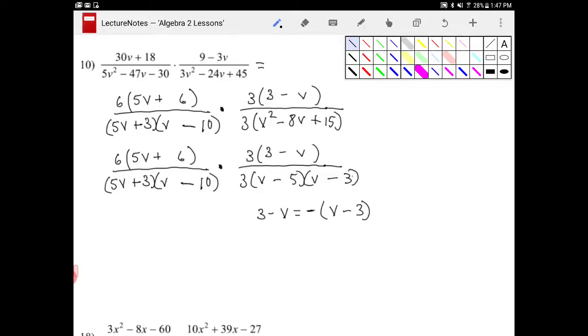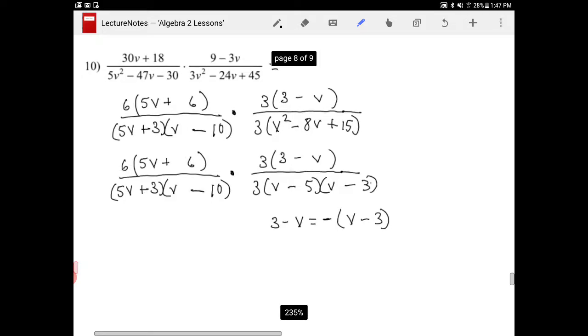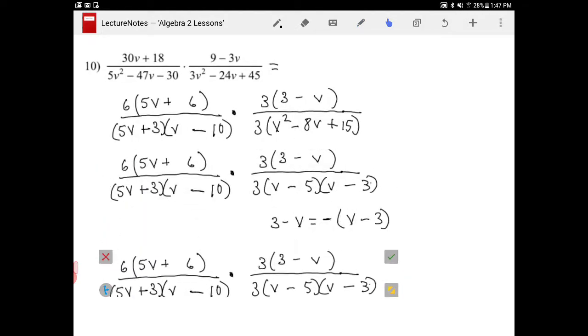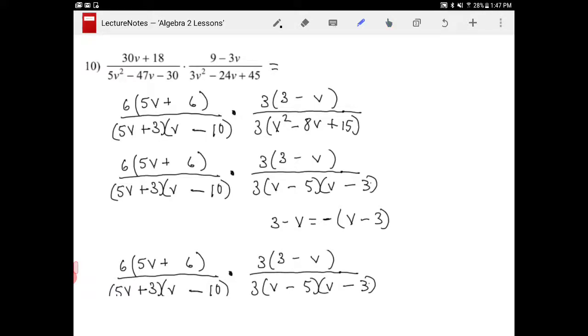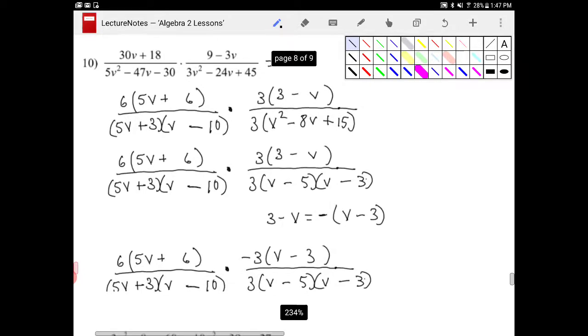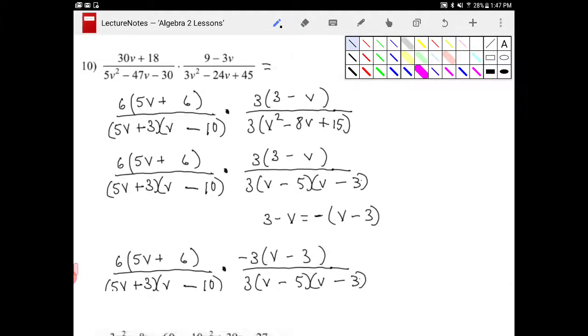So having this understanding, this whole fraction one more time changes to this. And why am I writing it like this? That's because I noticed that there's a v minus 3 in the denominator. So if you look at this now, I'm trying to multiply this across, but before I multiply across, I want to see if there are common factors between the numerator and denominator so I can eliminate.